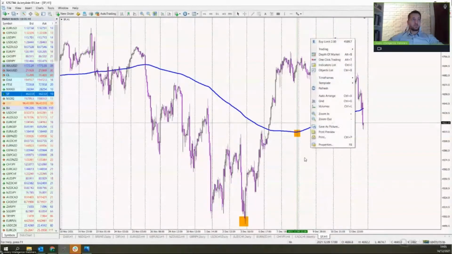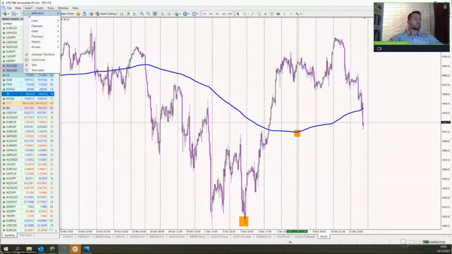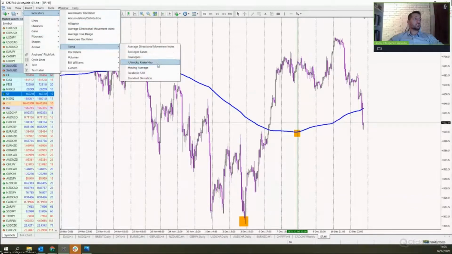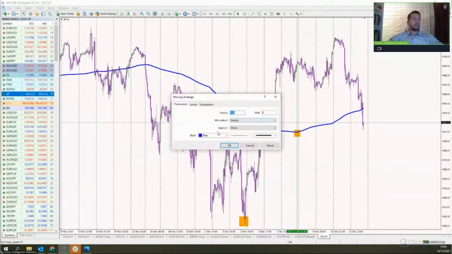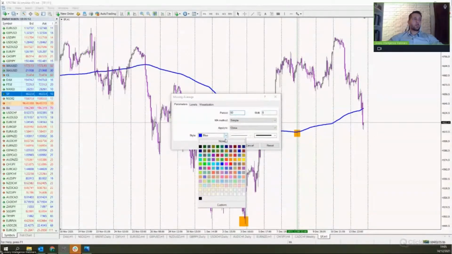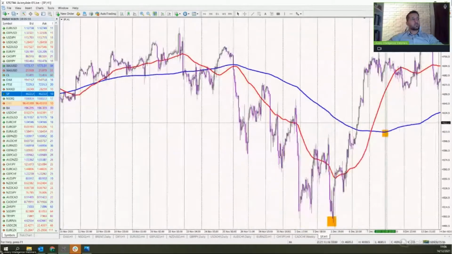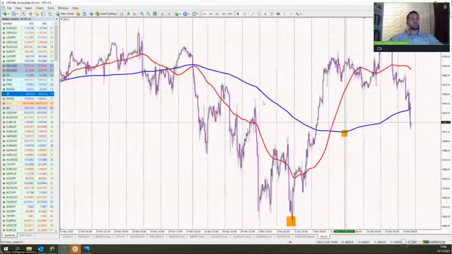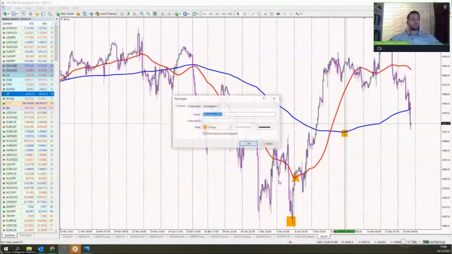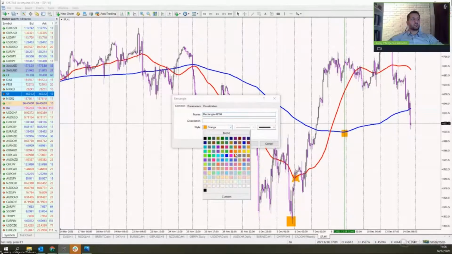First, let me show you different moving averages. So indicators, trend, and moving average again. That was 200. So let me show you midterm. Let's have red. You can see that it moves more closely to the price. So here the trend change of this moving average is here.